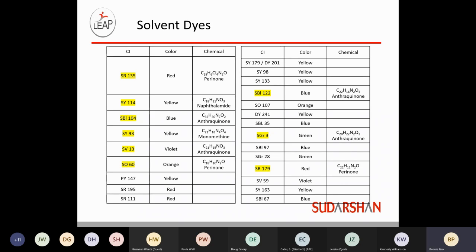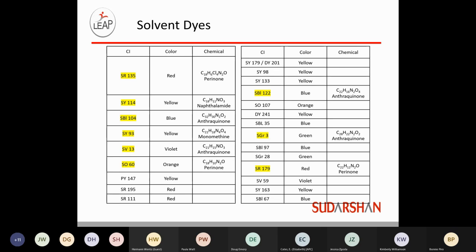So jumping ahead from that, the volume chart that I showed earlier, I've just pulled some of those off of that chart onto this chart to give you an idea of what chemical family they belong to, as well as their chemical structure and their color family. Those that I've highlighted in yellow are the ones that I'll give a little bit more details on following this chart.